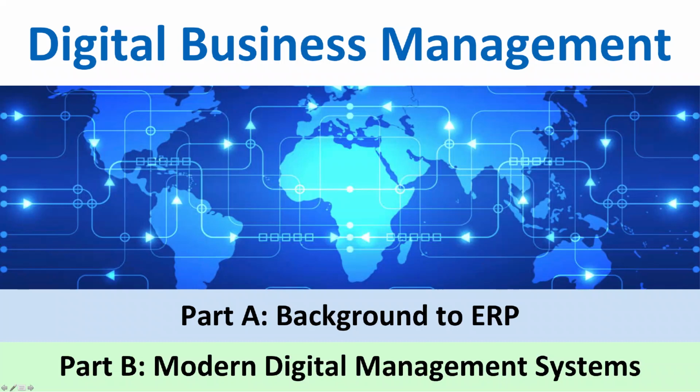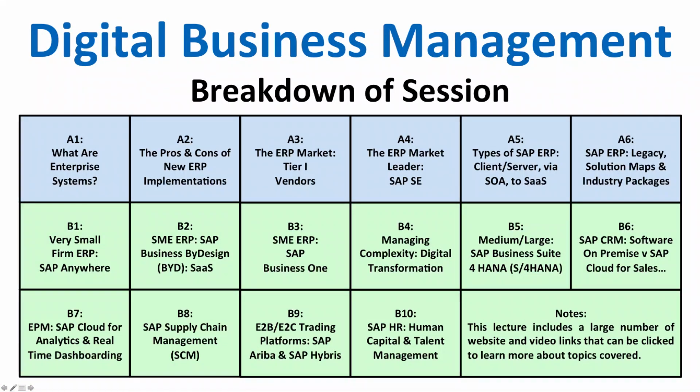There are two parts to this. I'm going to make a video of part A first, and then I'll give you a separate video for part B. A is the background to ERP and B is modern digital management systems. In the blue part, part A, we're going to look at what enterprise systems are, the pros and cons of them, and new ERP implementations.